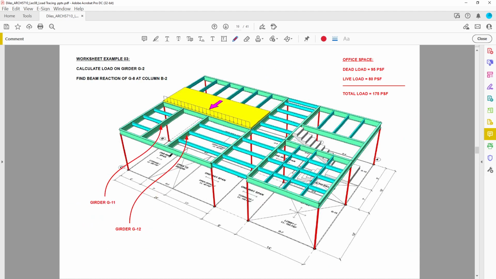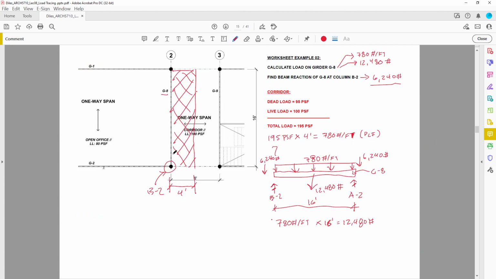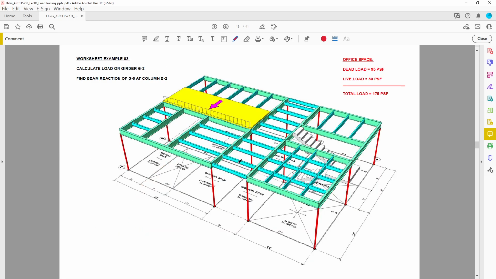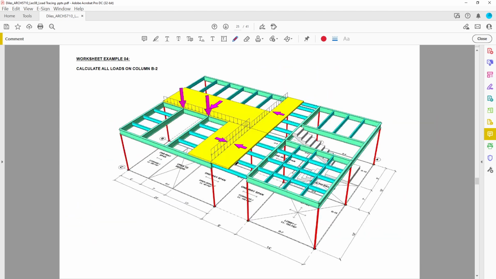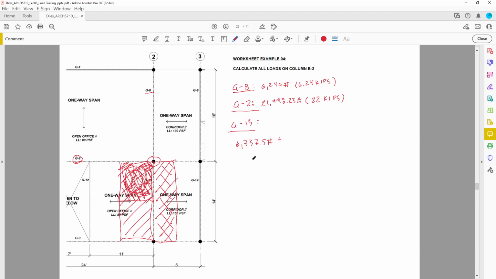That's going to be very similar to what we figured out in this earlier example, rather, that we know that the beam reaction of G8 at column B2 is, oh, this is not going to be the same because this is a different distance, right? This is 16 feet. So let's just go ahead and quickly calculate that for this side.